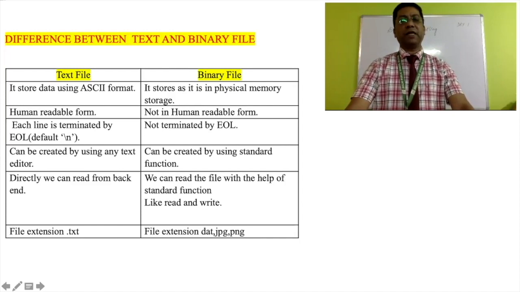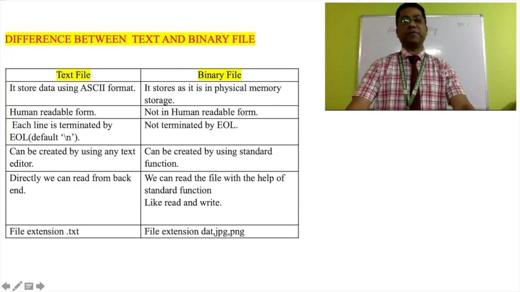In the binary file, it is not in human readable form. In the text file, each line is terminated by EOL, and there is no such concept in the binary file. Text files can be created by using a text editor, and in order to create a binary file, you need to take help of the inbuilt function.